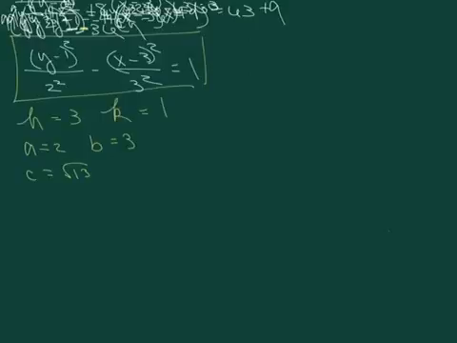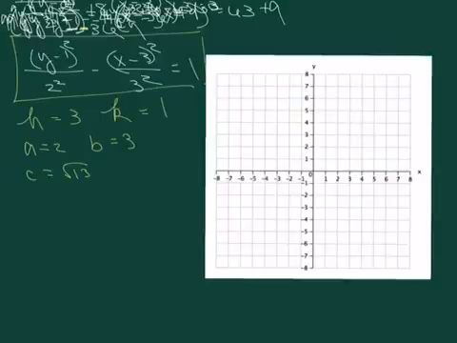Alright, I'm going to import a graph. Okay, so my center is going to be h, k. So my center is going to be at 3, 1. And then I know my transverse axis is vertical. So the vertices are 2 units below and above the center. So let's go ahead and put the center in here.